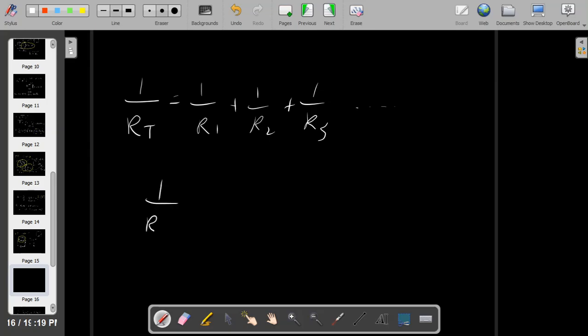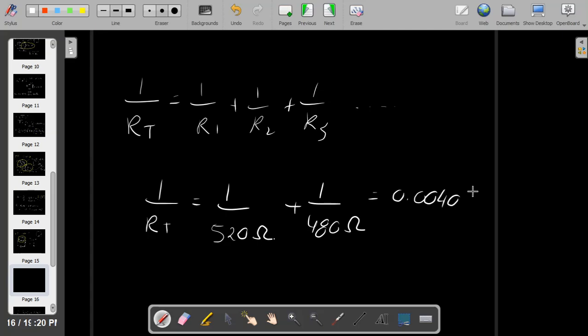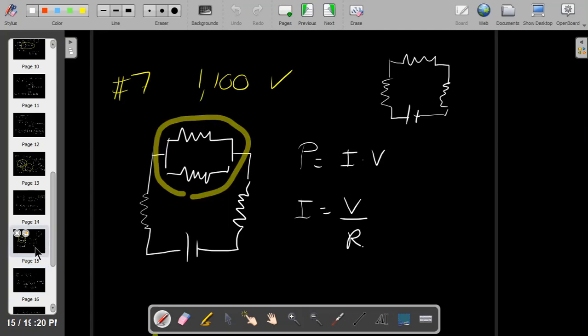So 1 divided by the effective resistance for that area is 1 divided by 520 ohms, those are pretty big numbers, plus 1 divided by 480 ohms. If you do the math, that comes out to 0.0041 divided by ohms. Not done yet. Your effective resistance equals 1 divided by this number, which makes it 250 ohms.